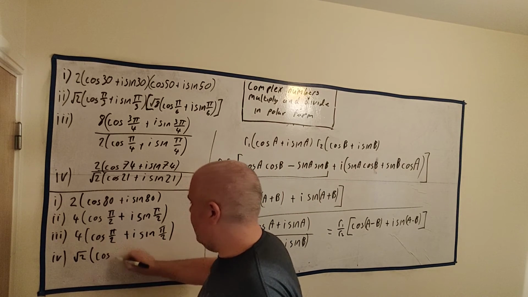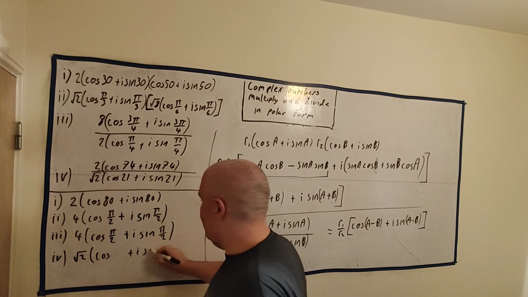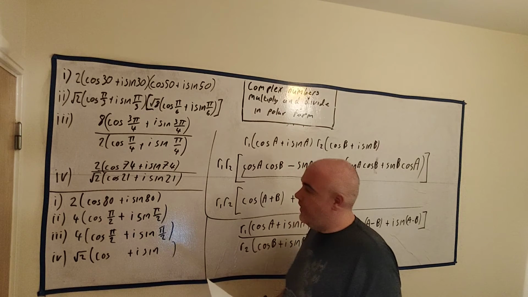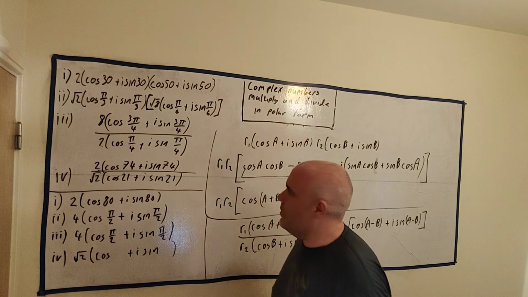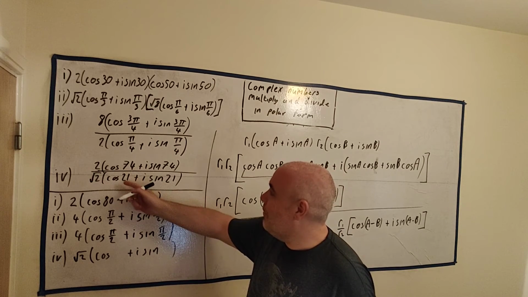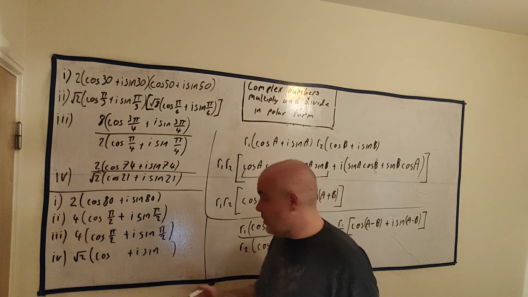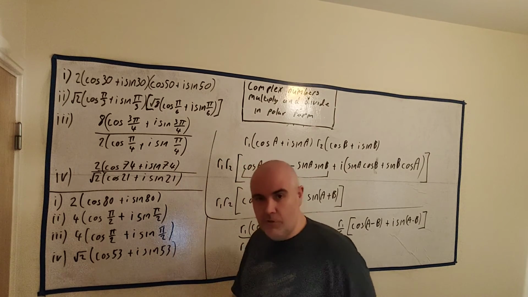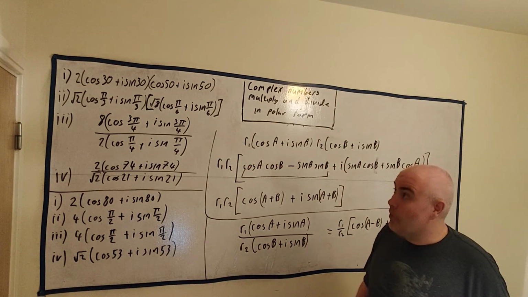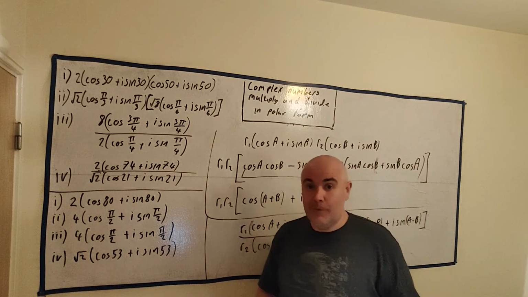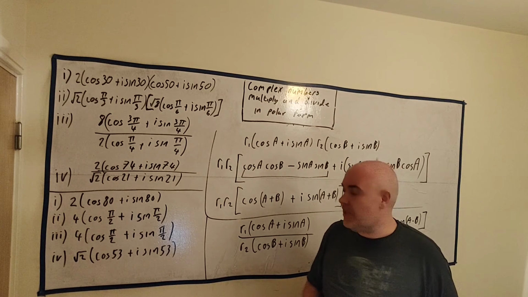Don't trust me. We still need to find what angle goes here. They're using degrees. I don't like it, but fine. I'll use degrees here. I made the question, so I shouldn't complain. 74 minus 21 is 53. Look how easy it is. This is extremely easy to do. That's how we multiply. Much easier than adding, in fact. Adding is difficult in polar form. Multiplying and dividing, very easy.